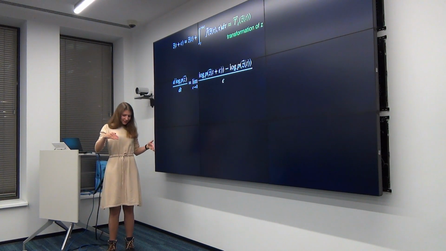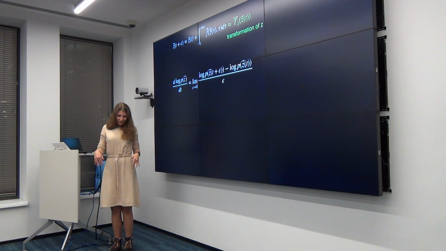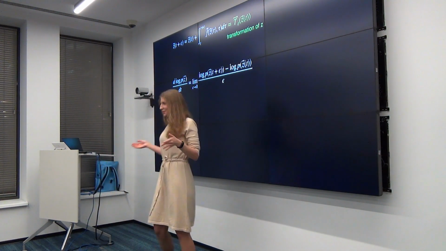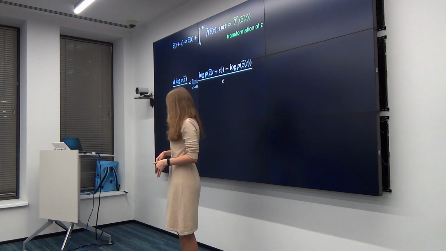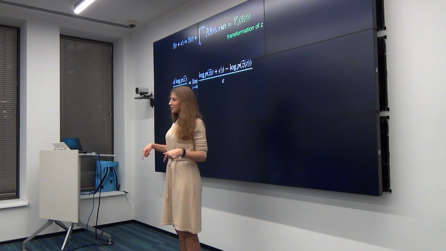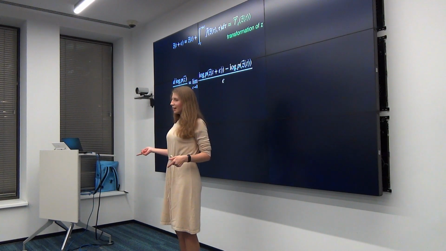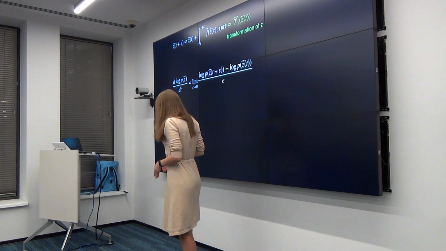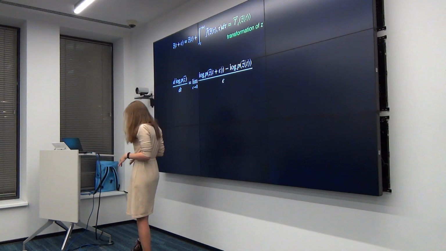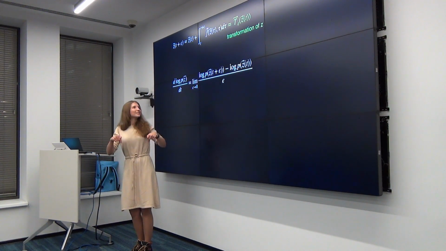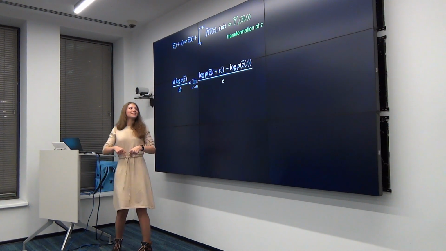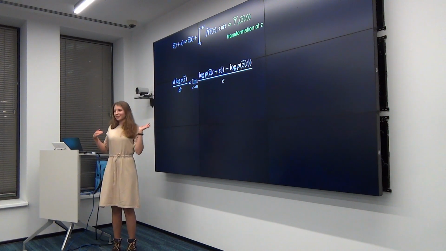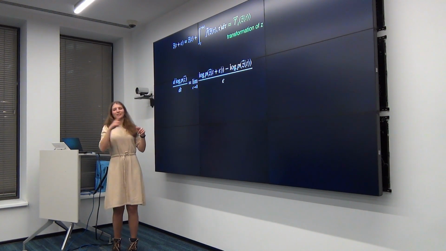Because if we start at point t and go to point t plus epsilon, we have a unique solution. That means we have a unique trajectory, and if we want to go back, we need to use the same trajectory. So we will go to the same point from which we started.